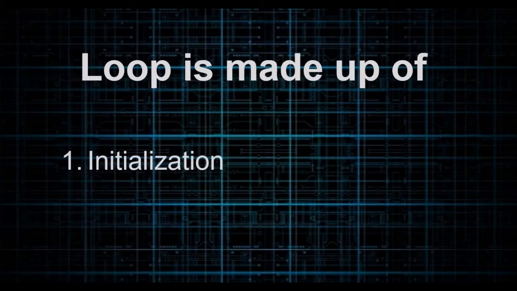Initialization is nothing but the starting point of the loop. As the concept of a loop says, a loop can be run through a variable. So initialization is giving a variable a starting value, which will be the starting point of the loop. Second, condition is the end point or the limit of the loop.